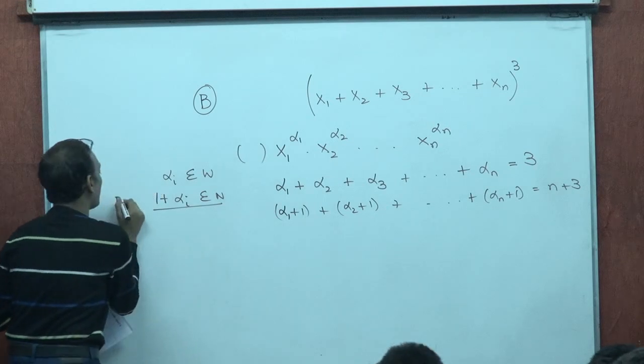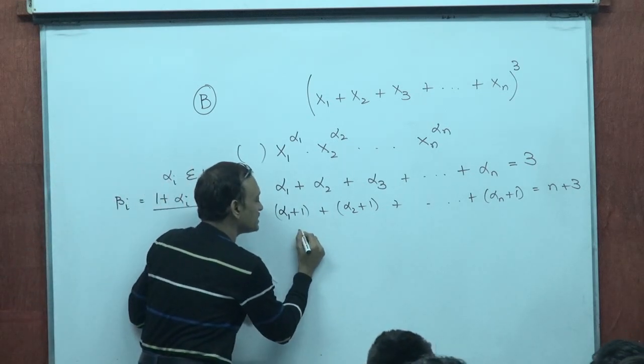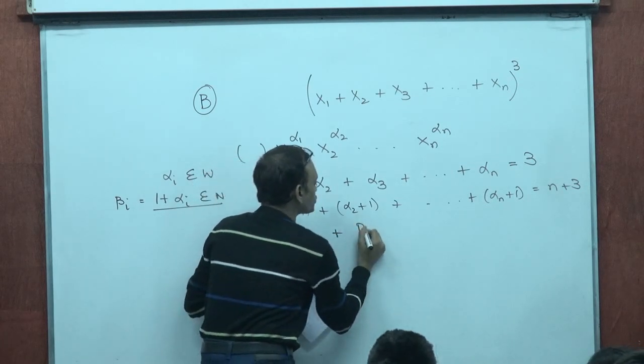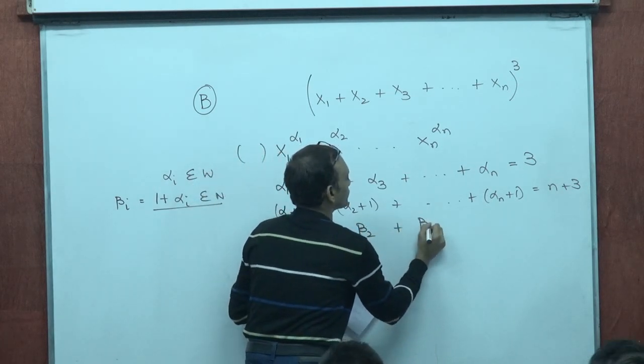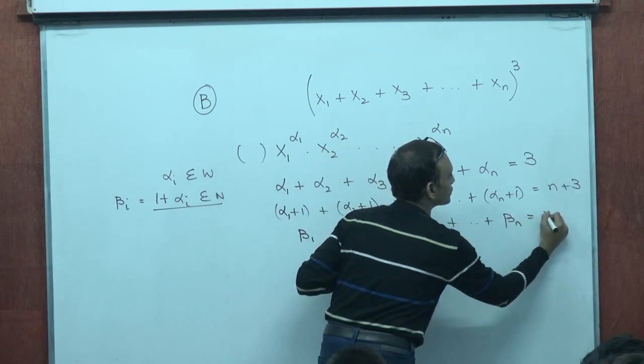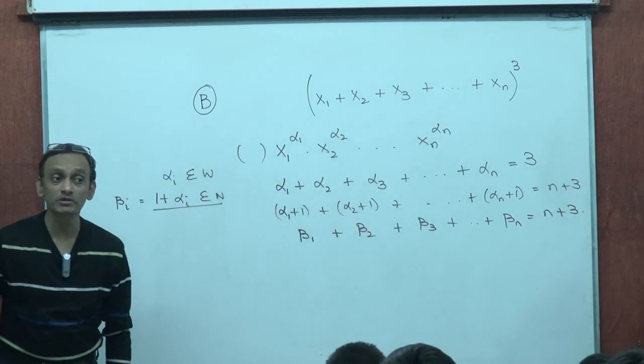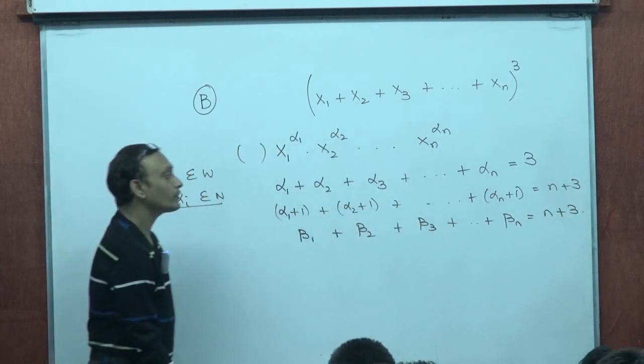So 1 plus alpha i's are beta i's that are natural numbers. So then what we are seeking is the number of natural number solutions to this equation.